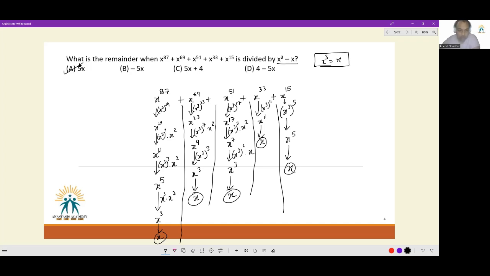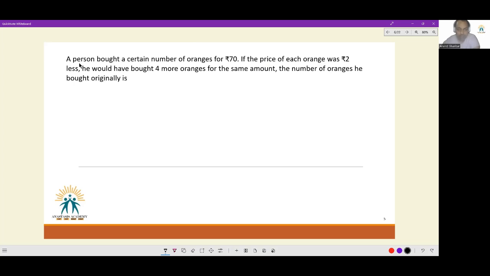Okay. Next question. A certain person bought a number of oranges for rupees 70. If the price of each orange was 2 less, he would have bought 4 more oranges for the same amount. The number of oranges he bought originally is. Okay. Let him buy quantity and the price.